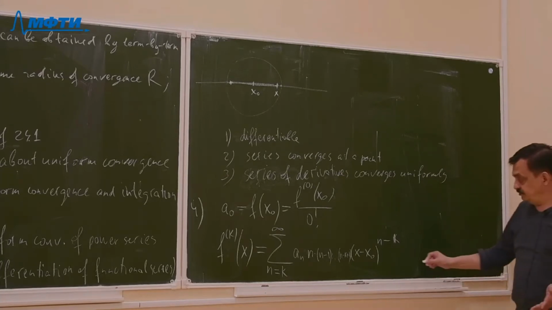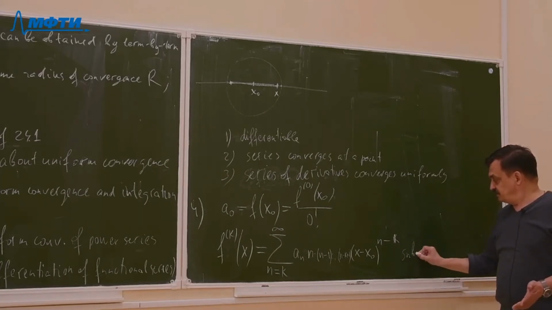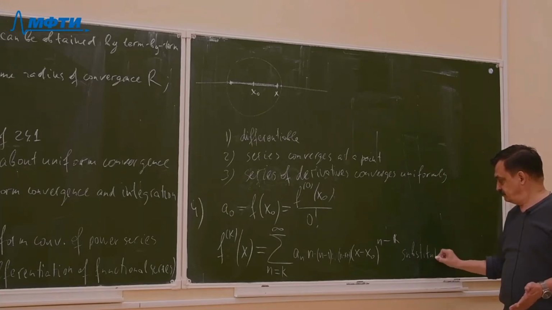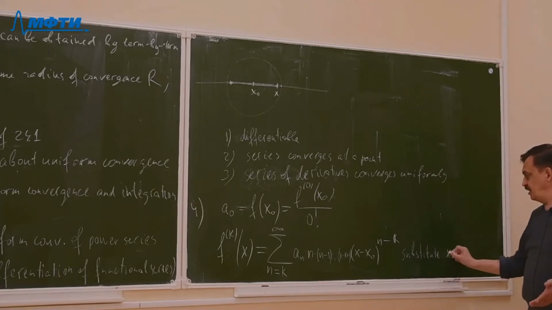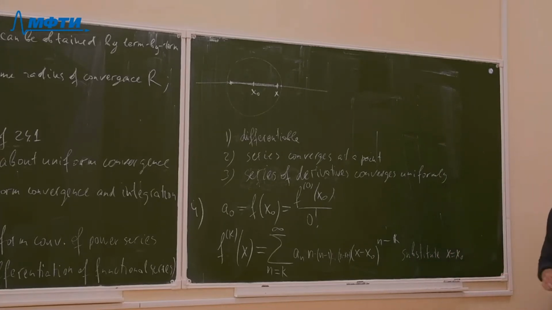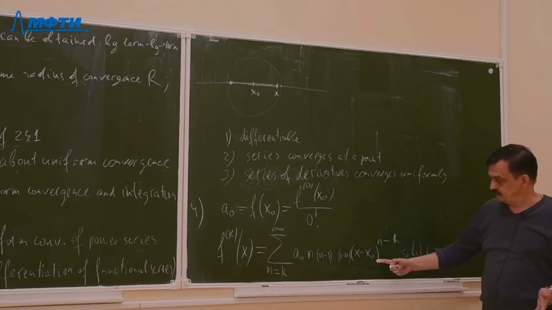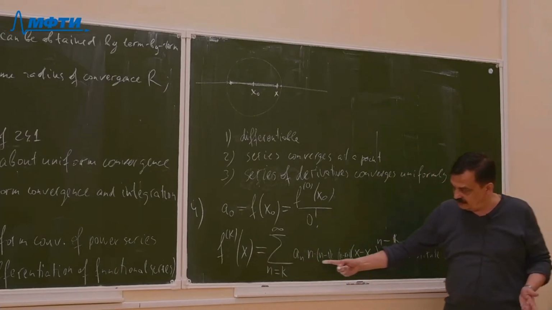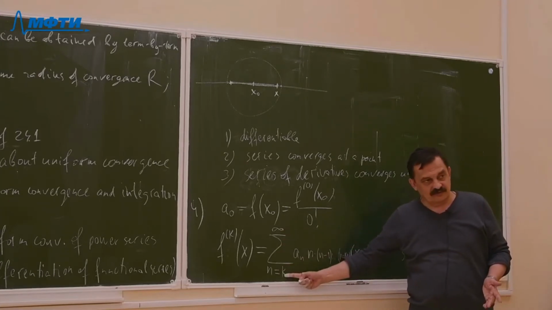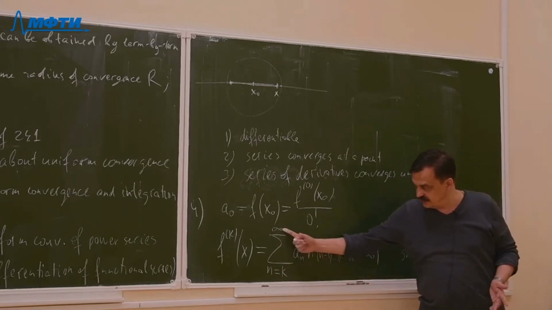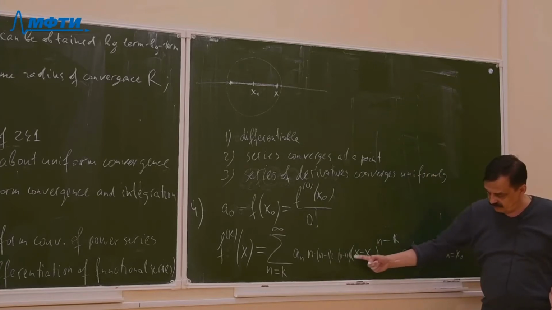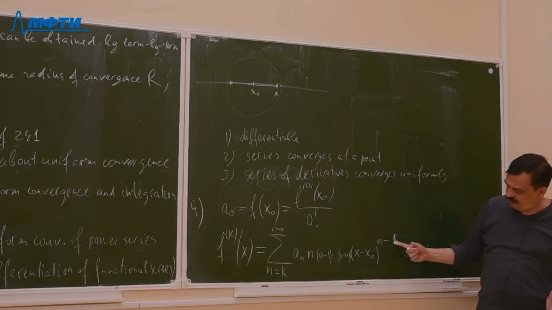Okay, then what do we do? We substitute x equals x naught. What do we obtain if we substitute x equals x naught? Once again, every term of this series equals 0 except for n equals k, right?